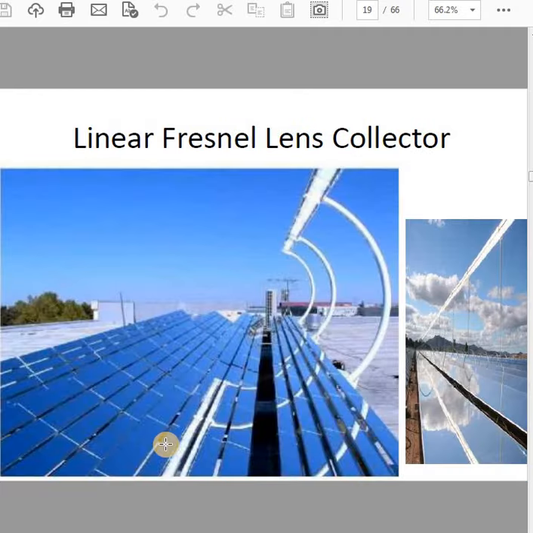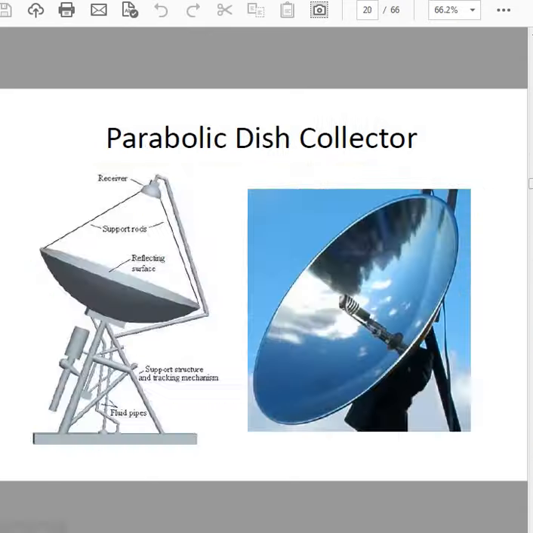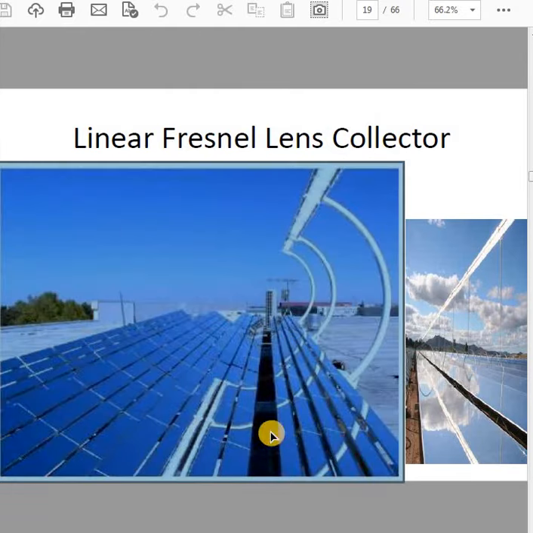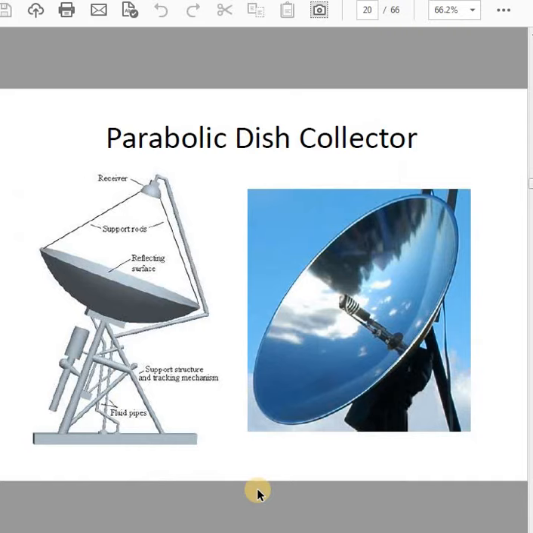Next you have the linear Fresnel lens. Linear Fresnel lens type collectors use lenses for the collection of the solar energy.